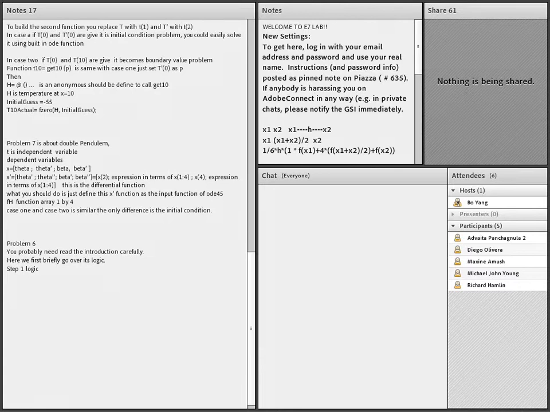So a cruise control system consists of 3 models.